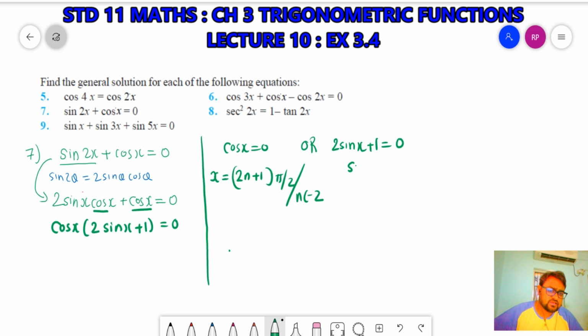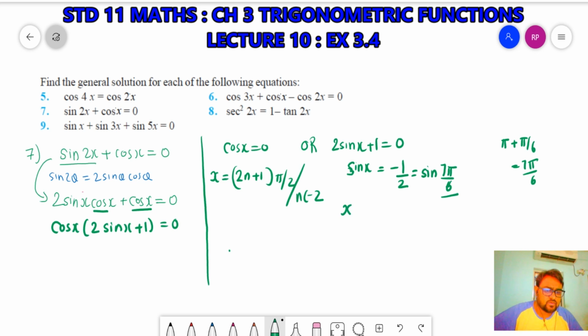In this case, 2 sin x equal to minus 1, or sin x is equal to minus 1 by 2. Now it's negative, so it will be in the third quadrant. Now when is the value of sine 1 by 2? 30 degree, that is pi by 6. So for third quadrant, I will take pi plus alpha, that is pi plus pi by 6, 7 pi by 6. So I can write this is equal to sine 7 pi by 6. So this is our alpha.